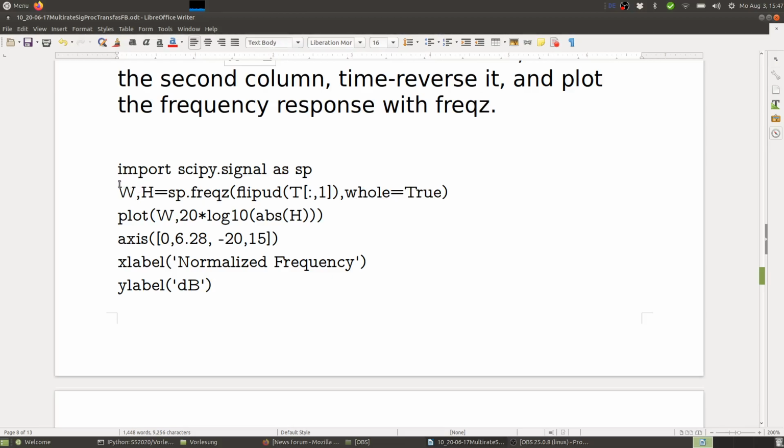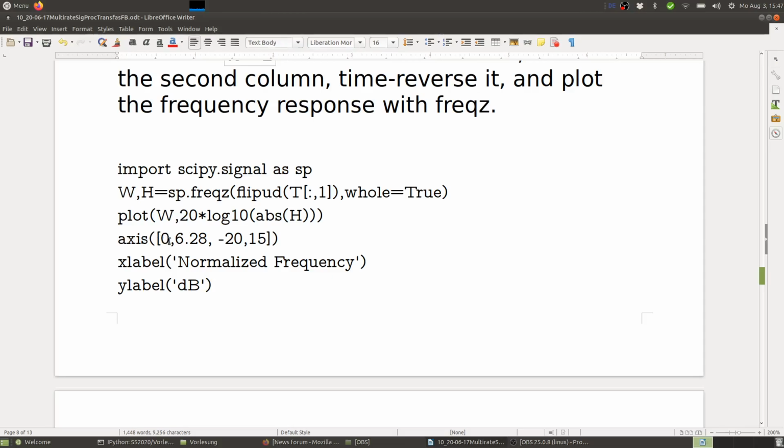And then it returns the frequency sampling points W, which freqz computes, and H is the complex valued frequency response. Next I plot it with the frequency sampling points on the x-axis, and then I take the magnitude of the frequency response H, apply the log of base 10 to it, multiply it by 20 to obtain the dB numbers, and that gets to the y-axis.